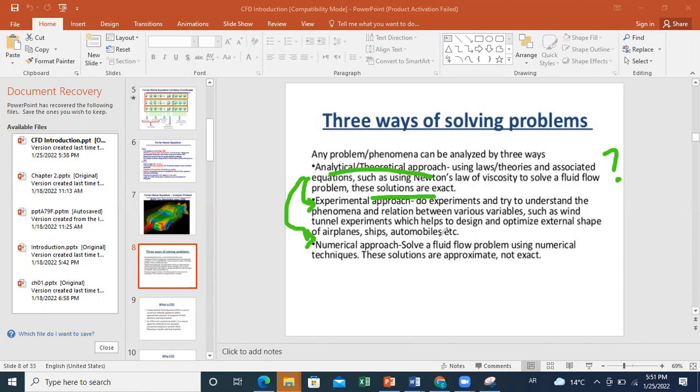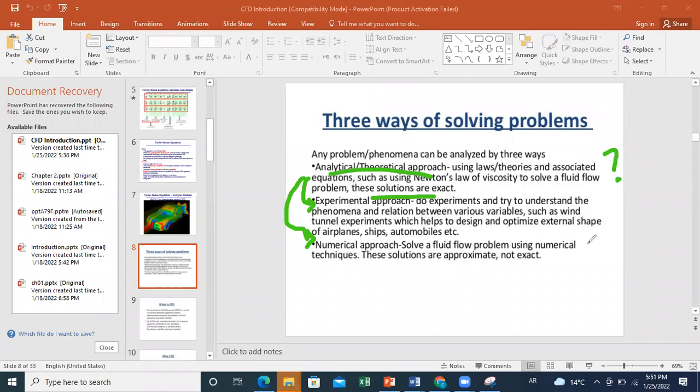So if you want to, let's say, design an airplane, you can construct a small model of an airplane and test it in a wind tunnel.